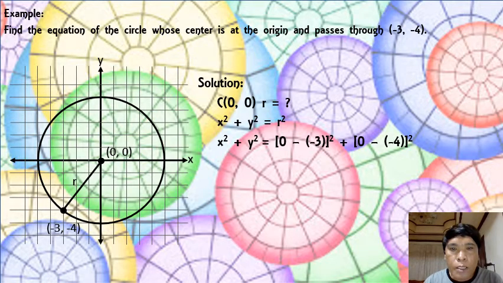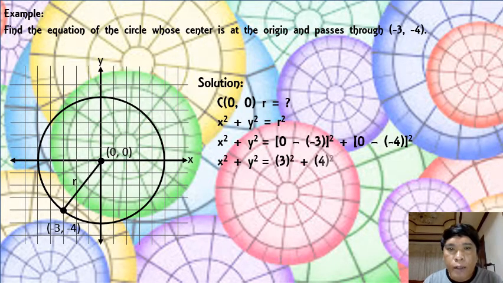So that is 0 minus the quantity of -3 squared plus, and we have taken 0 as y sub 2 also since it is at the origin. So 0 minus -4 squared.